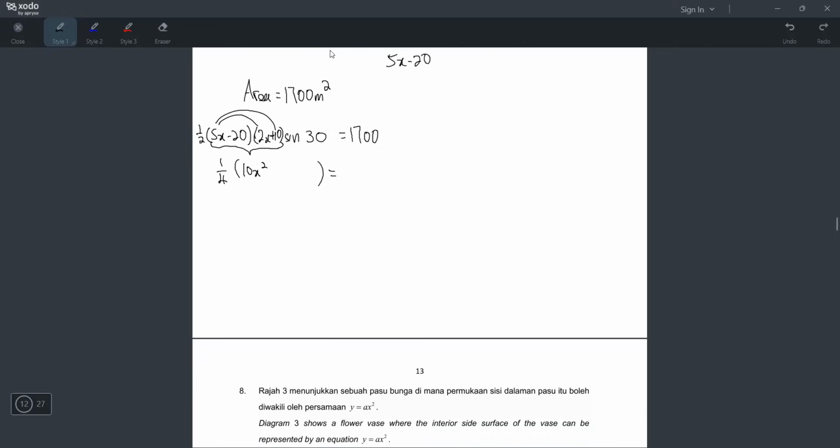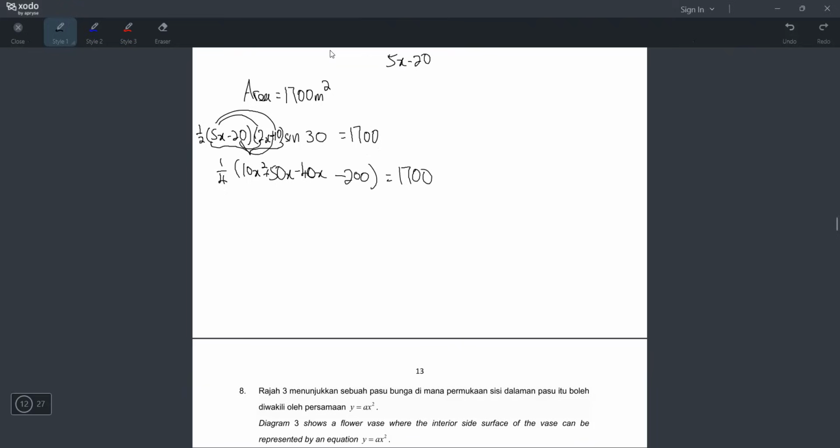So 5x times positive 10 is plus 50x. And then negative 20 times 2x is negative 40x. And then the last one is negative 20 times 10, negative 200. And then the whole thing here is equal to 1700, right?